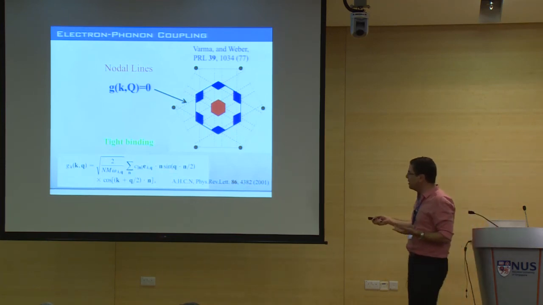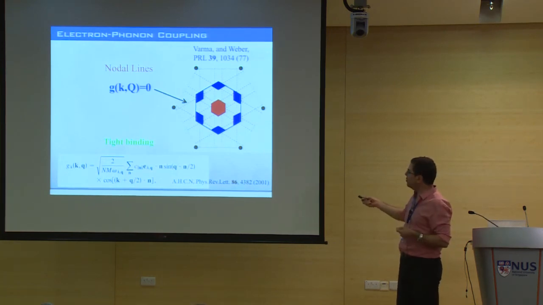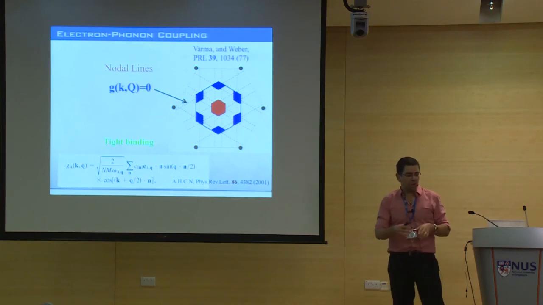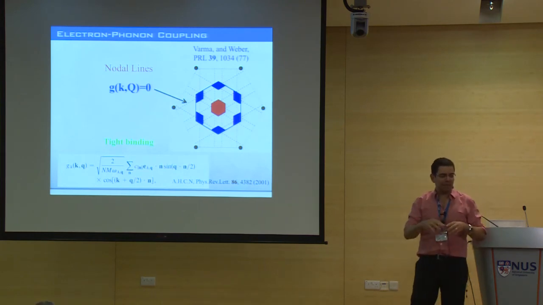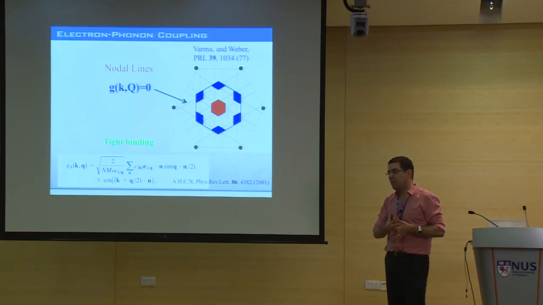And what you find is actually that the electron-phonon coupling in these materials changes a lot around the Fermi surface. Okay, so this is the Fermi surface. These lines here are called nodal lines. Because of interference between different angular momentum waves, you can find destructive interference of the electron-phonon coupling, or at least a tremendous reduction.